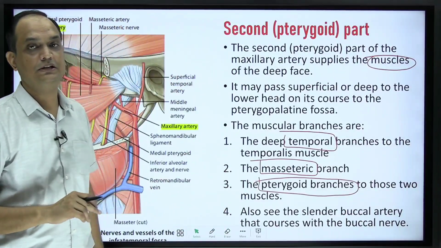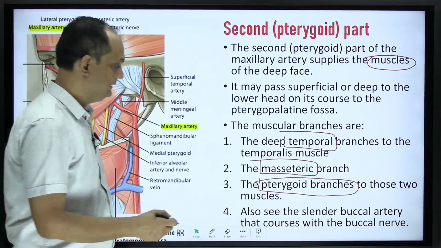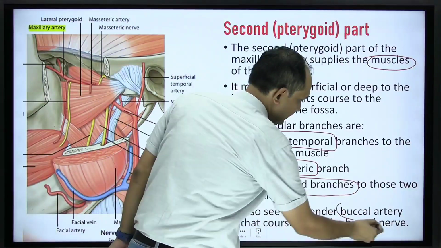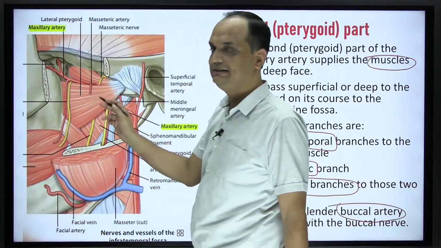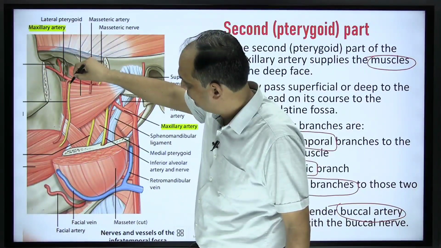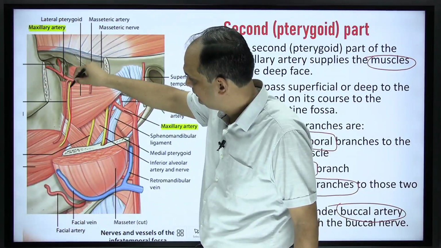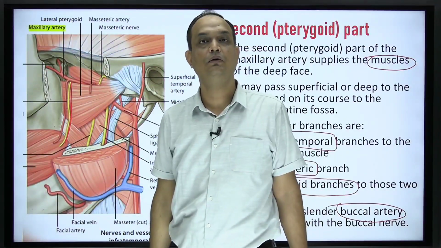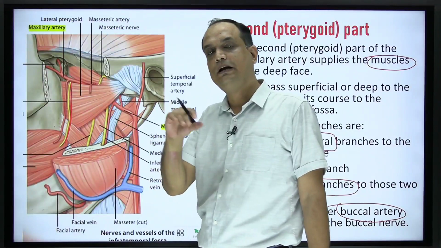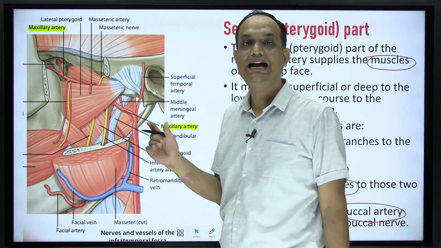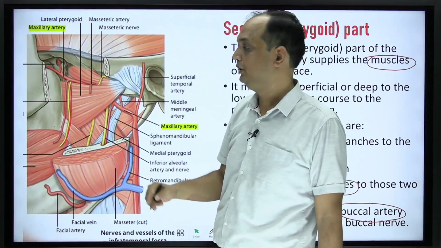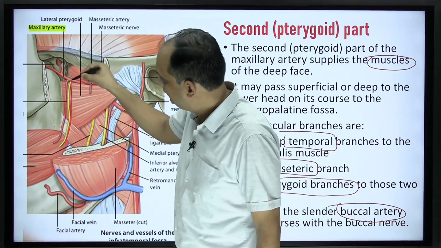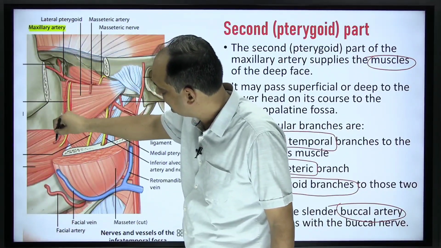Apart from these branches, you have an artery known as the buccal artery. In this diagram, you can see the buccal nerve. If you remember my class on the mandibular nerve, I told you that the buccal nerve is a branch of the anterior division, and it comes out along the upper border. Along with this buccal nerve, you can see there is a buccal artery.